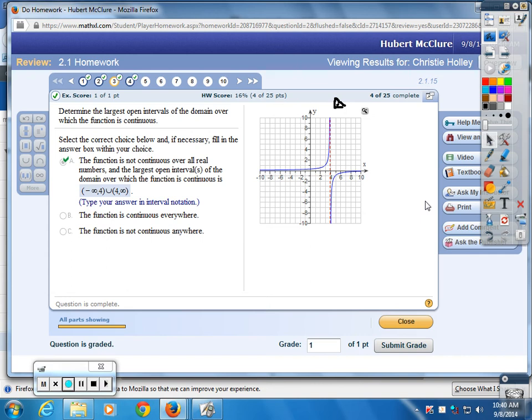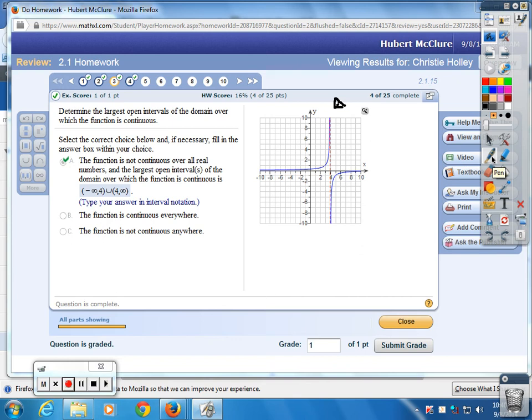All right, now, this is where you see the convergence. We know this has a horizontal shift of what? 4 to the right. So this is f of x equals 1 over x minus 4.